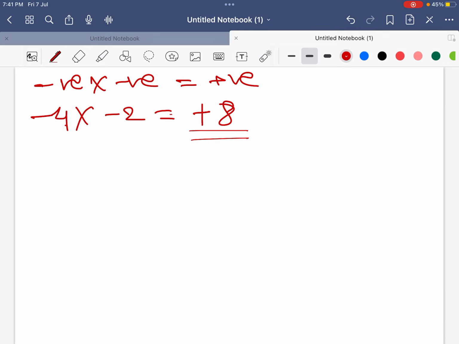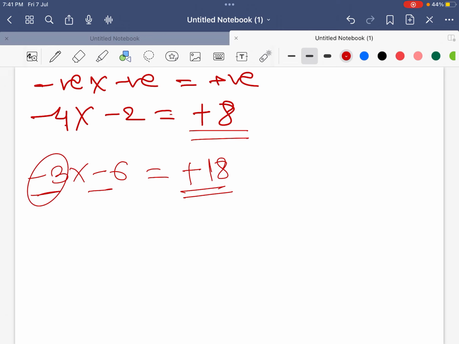Similarly, -3 multiplied by -6, so both the numbers are negative, so your answer is positive, so 6 threes are 18. So likewise we have to apply the formula. If both the terms are negative, then your answer is positive.